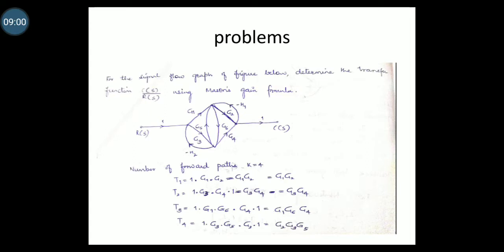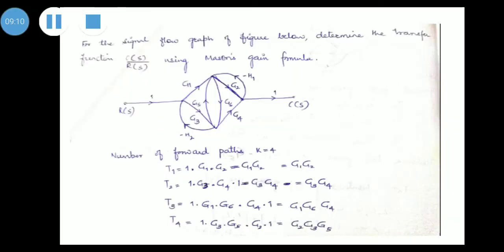So we'll take one more problem. For the signal flow graph of the figure below, determine the transfer function C(s) by R(s) using Mason's gain formula.